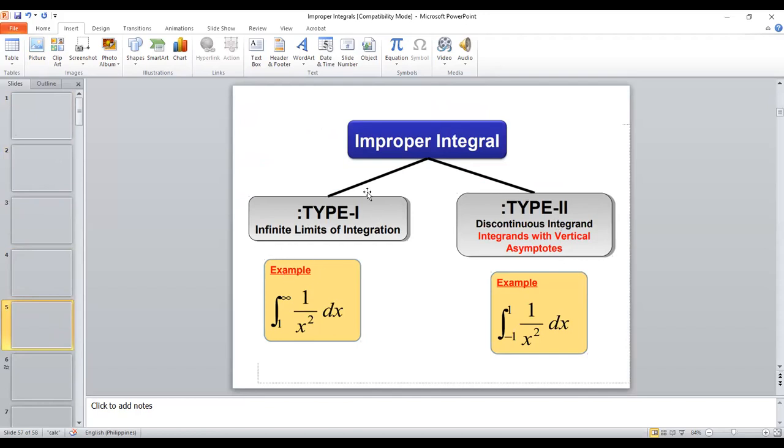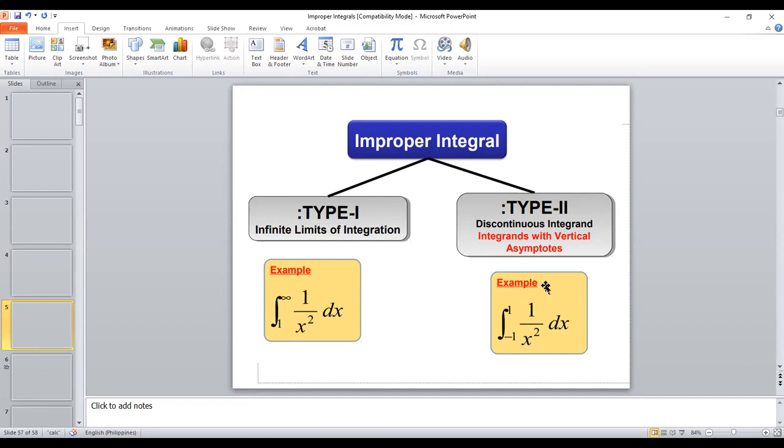Type 1 is easy because any of the two limits can be infinity or both limits can be infinity. Type 2 is easily misunderstood to be a common integral, but it should not be because you have to check whether on the given limit your integral will exist or not, or in between the two limits whether it will have a point of discontinuity.